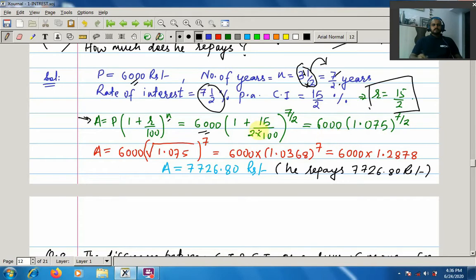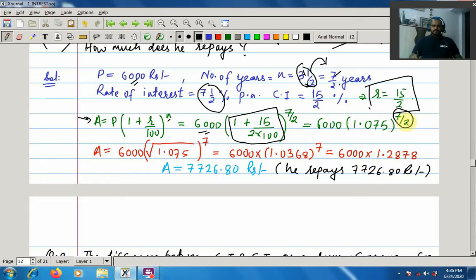So 6,000 and this bracket 1 plus 15 upon 2 into 100 is 1.075 raised to 7 by 2. So there's a problem: how to calculate this fractional power.